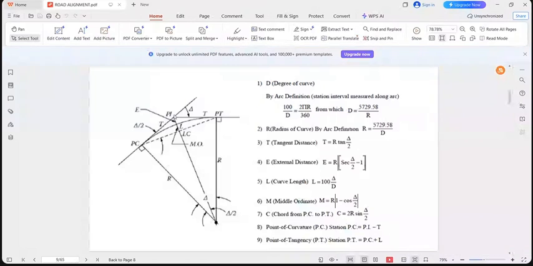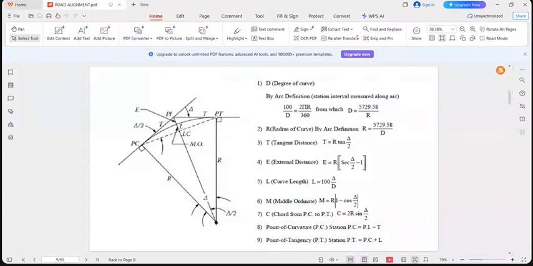this point of intersection, which is defined by this delta, which is the deflection angle. You can see the more the deflection angle, the more the turning becomes a problem, because the curvature of the curve will be somehow difficult.